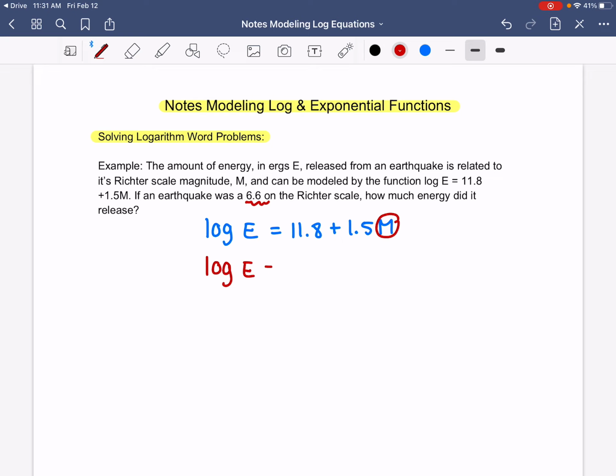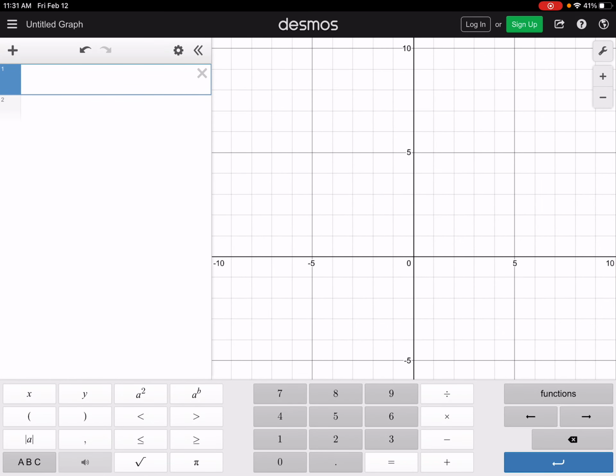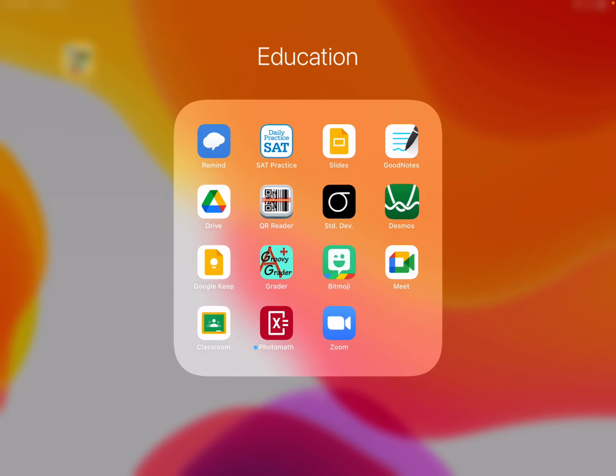Log capital E equals 11.8 plus 1.5 times 6.6. I'm going to put all of this into my calculator, and I get 21.7.